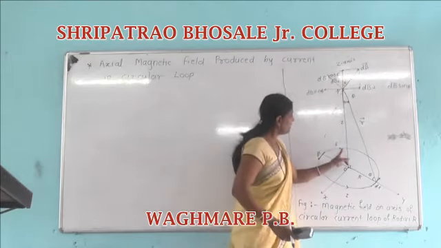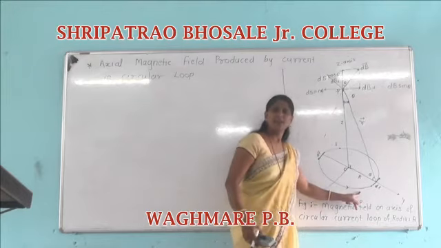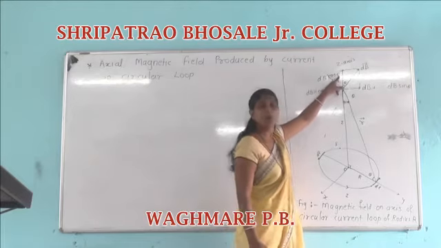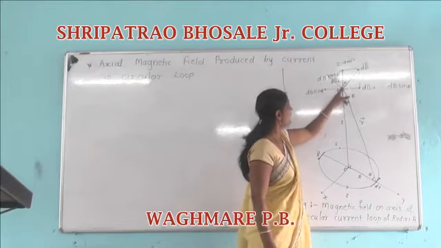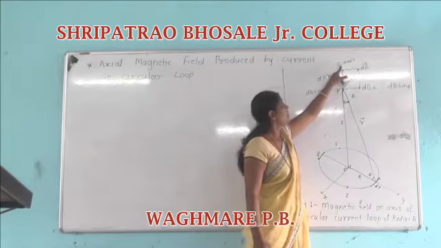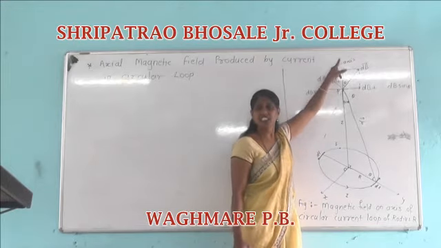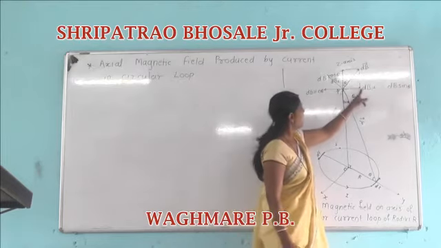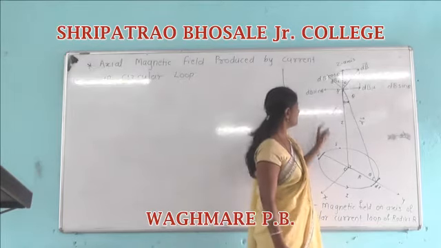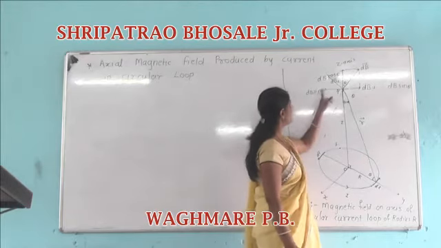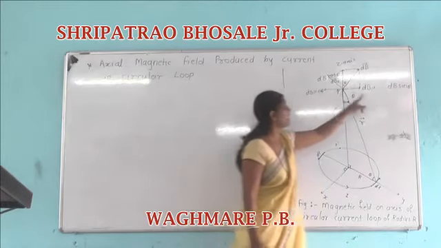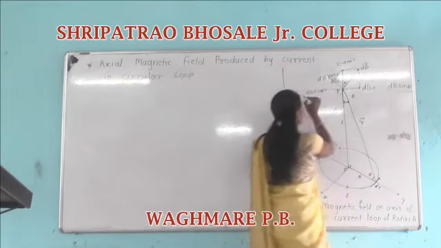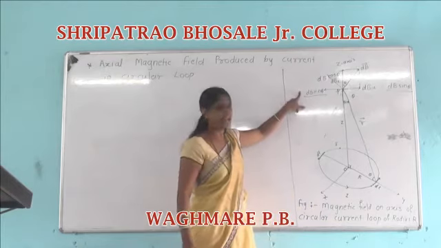When we consider other small elements, there are a number of dB cos theta components, which are along the direction of the z axis. But dB sin theta at every point, when we consider an element, the opposite dB sin theta will cancel. This dB sin theta will cancel with this dB sin theta.